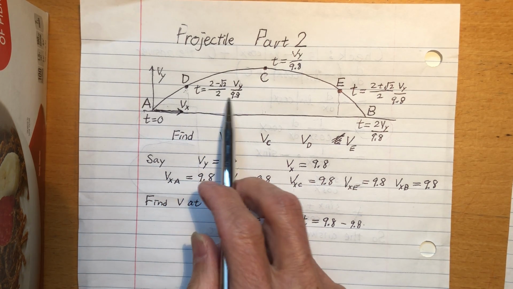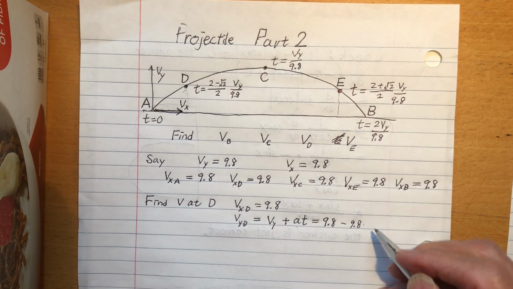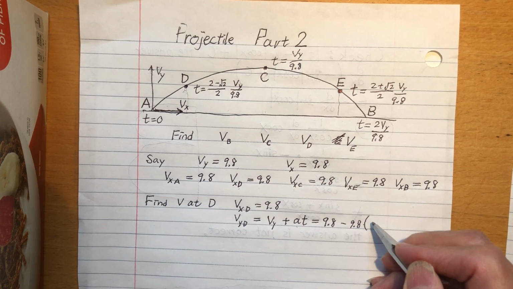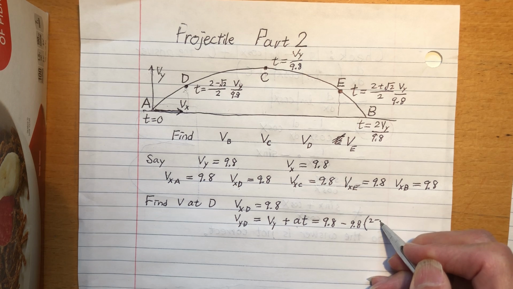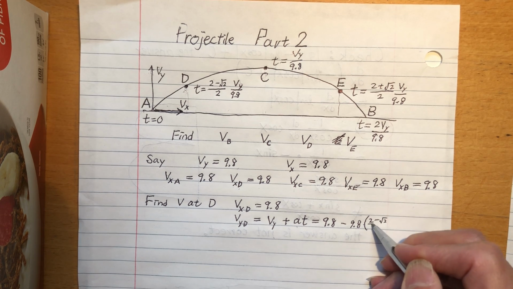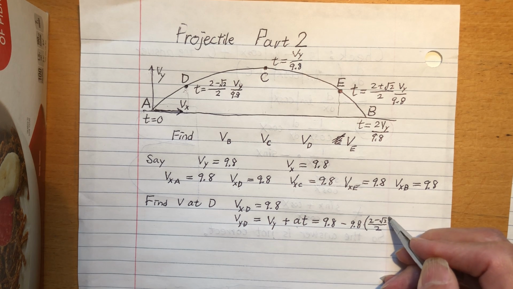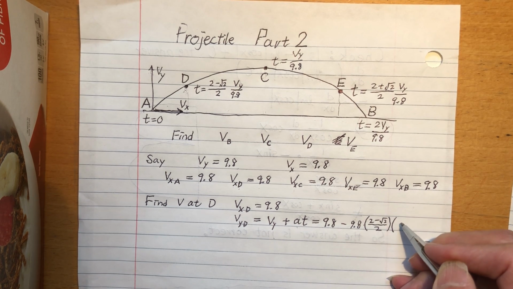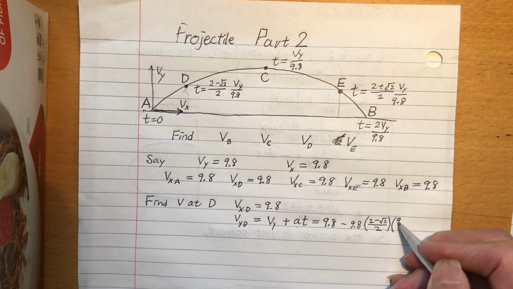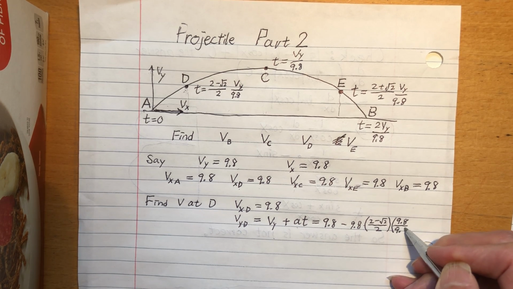It's this: 2 minus root 2 divided by 2, multiplied by Vy, which is 9.8, divided by 9.8.